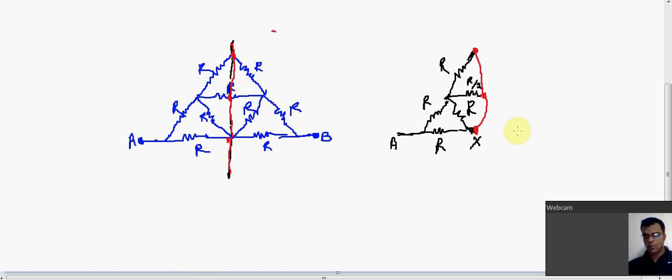So again redrawing the resistances, I have A, this is R, this R and this R in parallel is R by 2, and then R by 2 and R by 2 in parallel become R by 4.